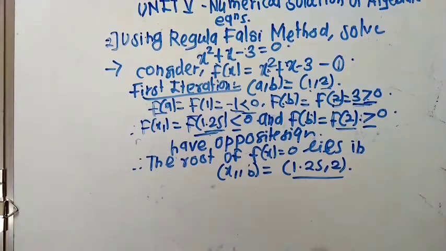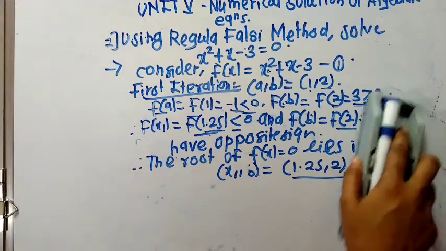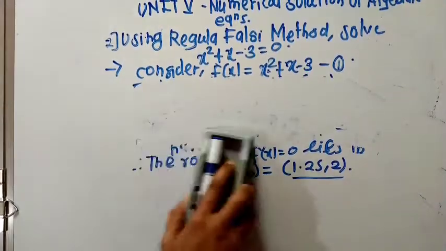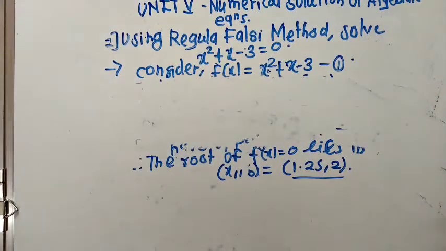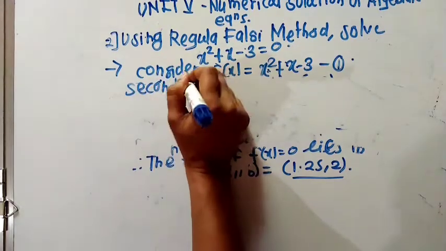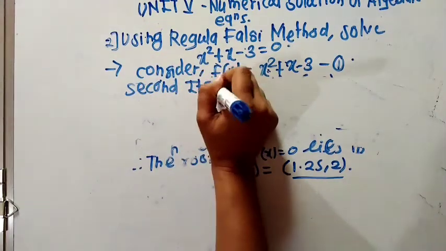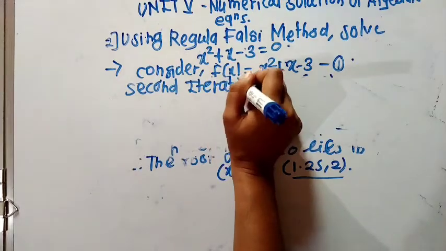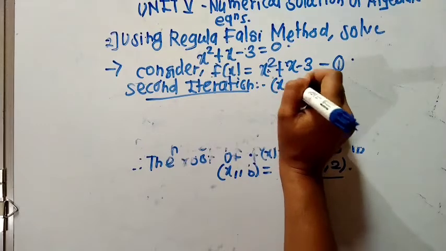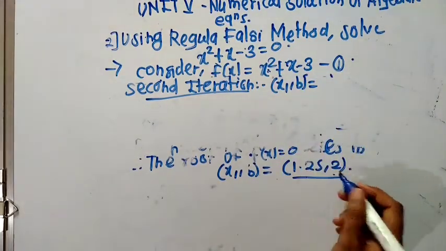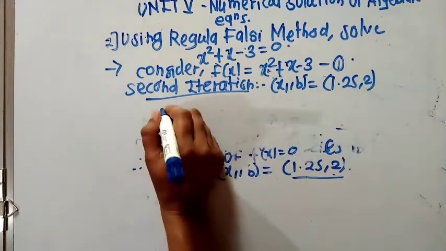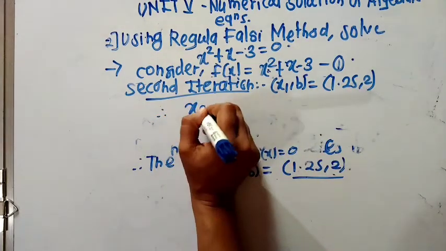Then find out the second iteration. Here x1 and b are 1.25 and 2. So find out x2.